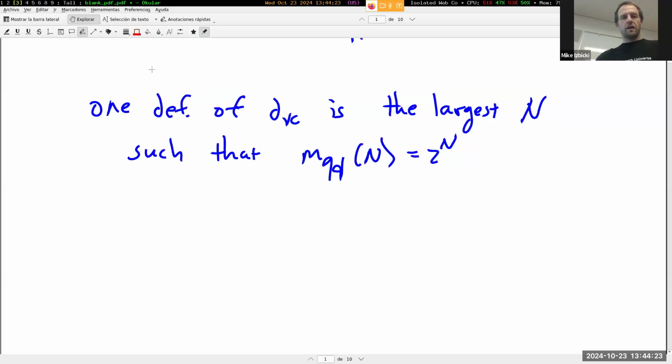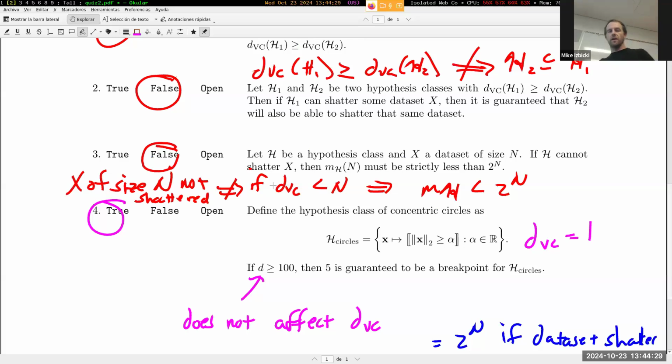So when I was talking about if the DVC is less than n, well, the DVC is the largest value of n that the growth function is exponential. So if the DVC is strictly less than n, that does mean that the growth function must be strictly less than 2 to the n, because the VC dimension is the largest n where we are exponential.